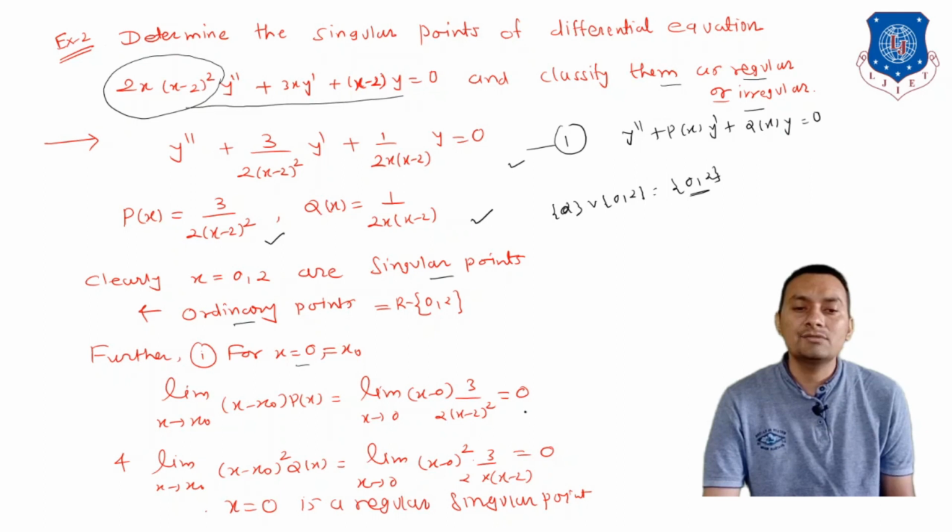After taking the limit, we are going to get the answer 0, and then the limit x tends to x0 of x minus x0 squared times q of x, where x0 is 0. After taking the limit, we again get 0, and both are finite quantities, and therefore we can say that x equal to 0 is a regular singular point.